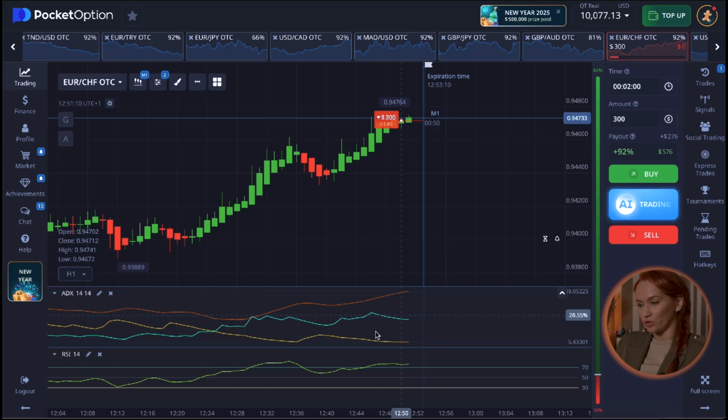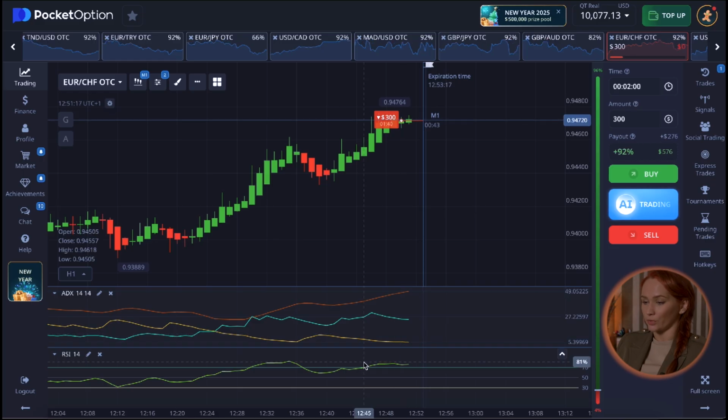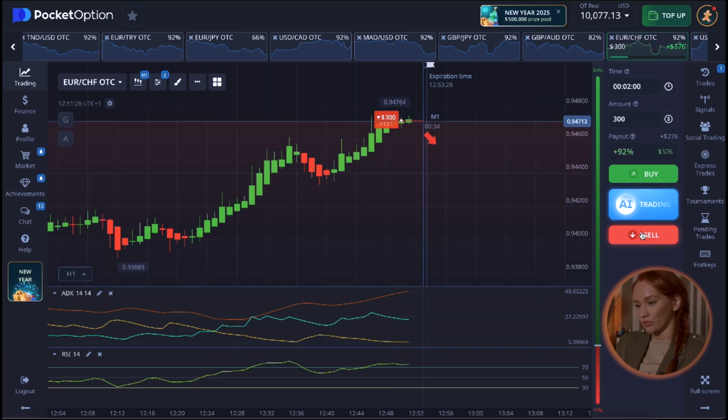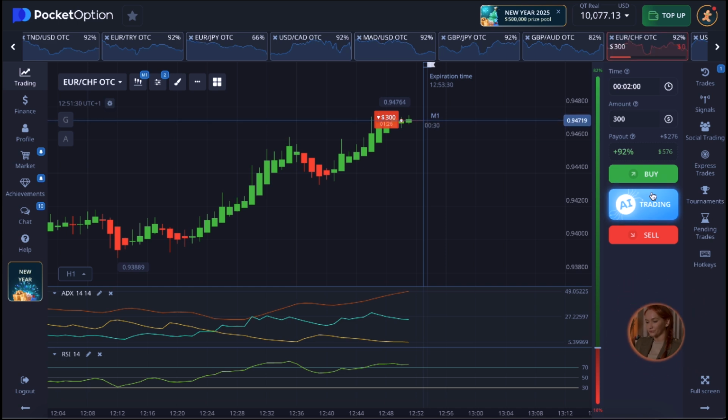We have a twofold situation on our hands actually. On the one hand, we see that the DI plus line is above the DI minus line, but on the other hand, RSI shows us that the trend will reverse. So again, to stay on the safe side, we open a sell deal.